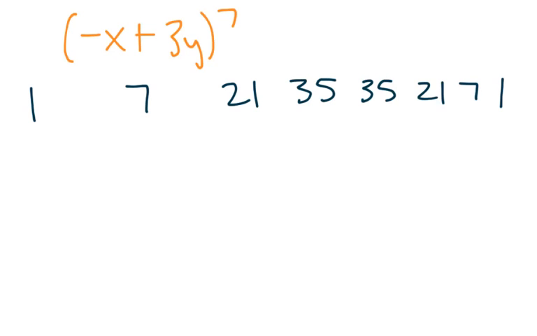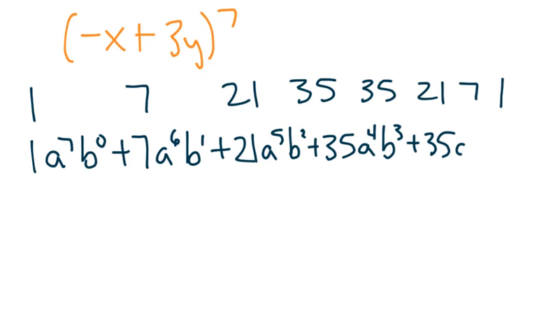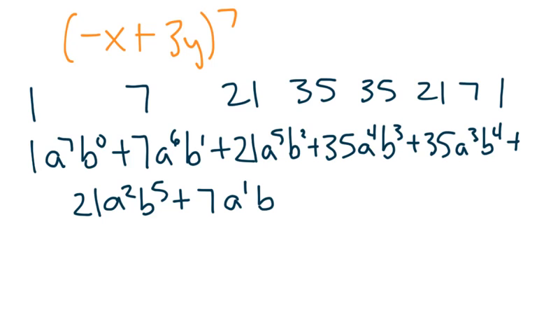So it'd be 1, a to the 7th, b to the 0, plus 7, a to the 6th, b to the 1st, because we're going down, plus 21, a to the 5th, b squared, plus 35, a to the 4th, b cubed, plus 35, a to the 3rd, b to the 4th, plus 21, a squared, b to the 5th, plus 7, a to the 1st, b to the 6th, plus 1, a to the 0, b to the 7th.